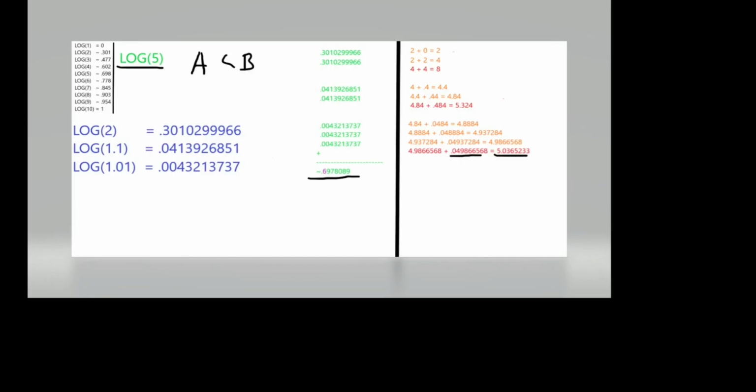So this is the accumulated sum of all of our nonsense going on here. And as you can see, our result is 0.69. Now, with this amount of data right here, you're always going to get the result accurate to that amount. However, since the log of 5 was a small value, it actually was able to get it pretty accurate.